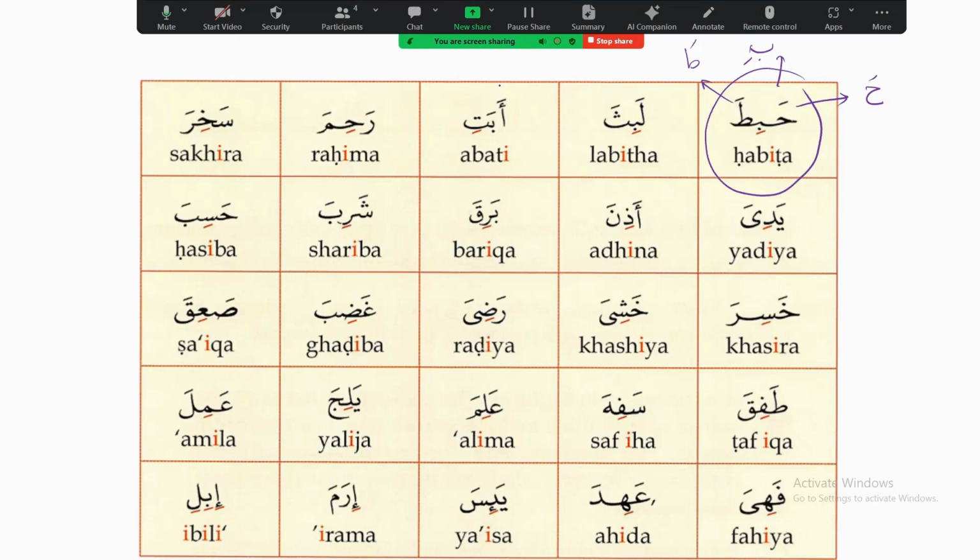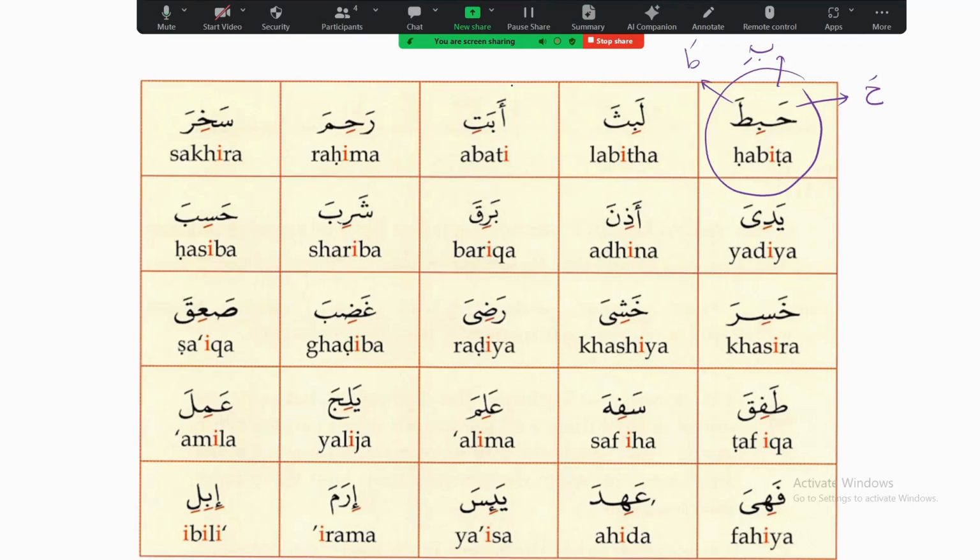Next we have hamza. Hamza fatha a, ba fatha ba, ta kasra ti, abati, like this. So sisters, you see that even if we have a fatha or kasra, the timing is actually the same, right? The timing of fatha is like 1 to 2 seconds, and the same is the case with kasra.